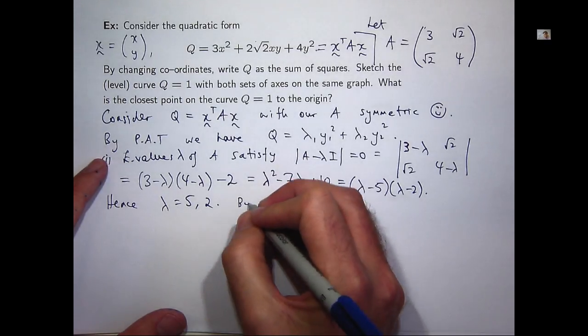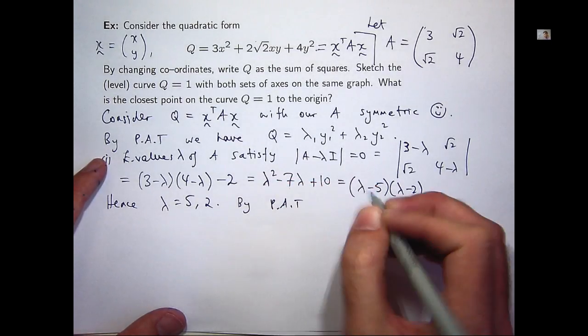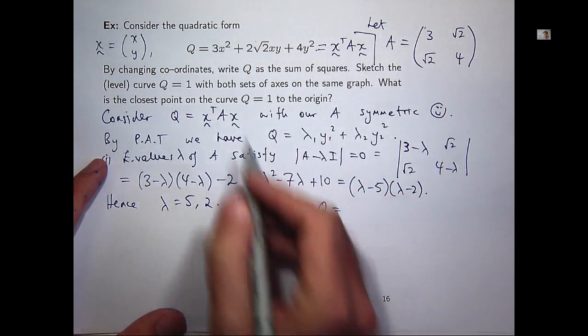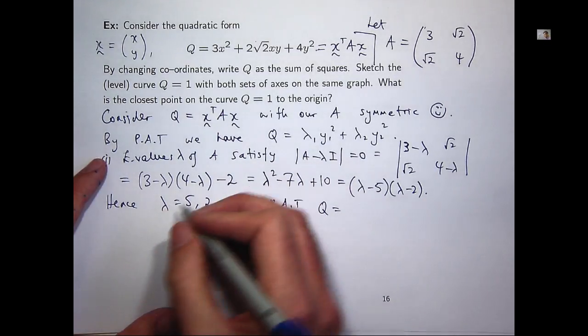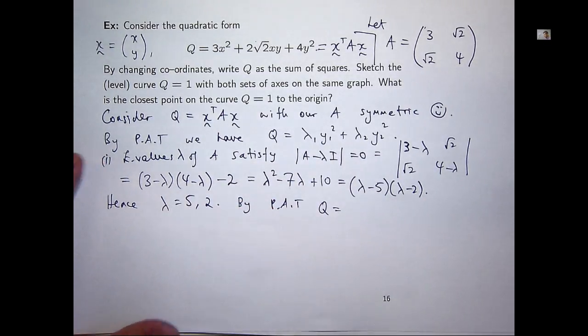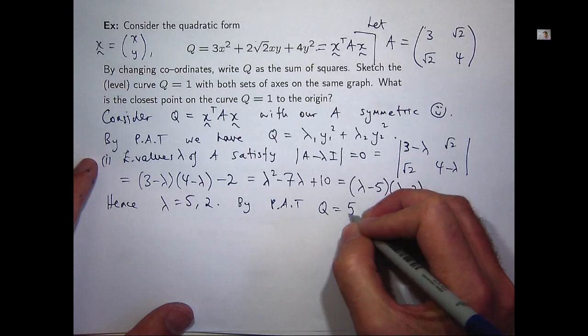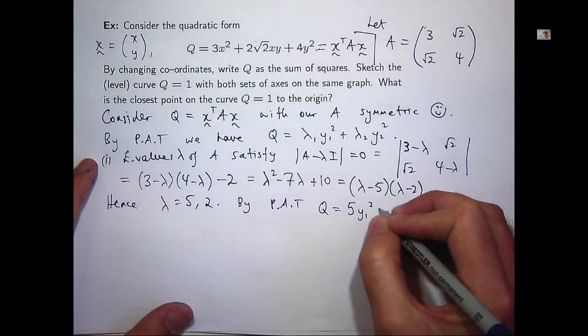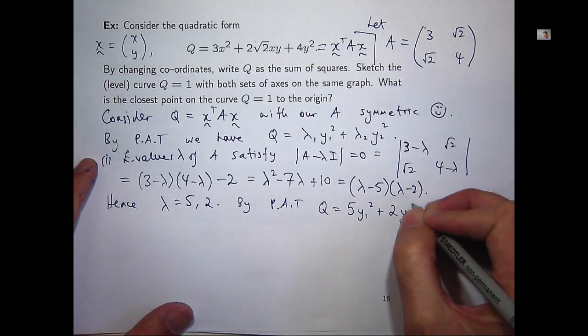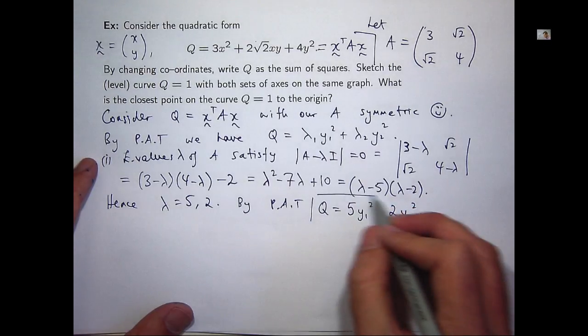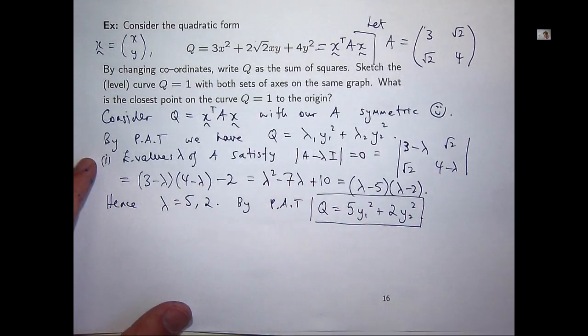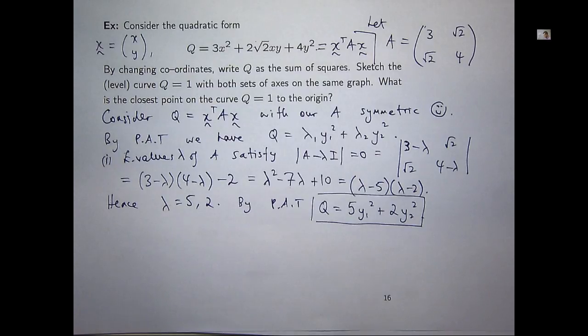So by the principal axes theorem, Q equals lambda 1 y1 squared plus lambda 2 y2 squared. So let's make lambda 1 5 and lambda 2 2. It's pretty easy.